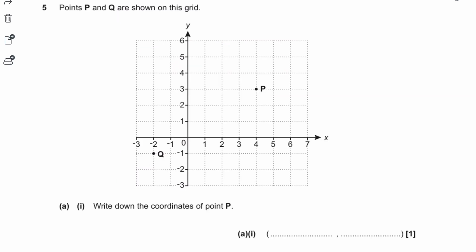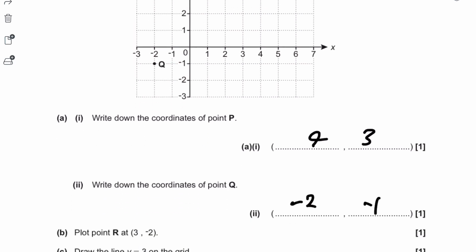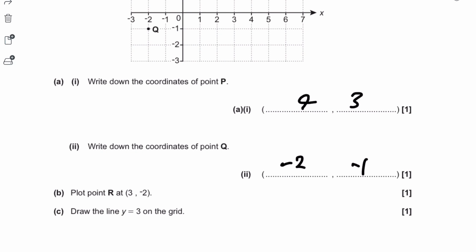Points P and Q are shown on the grid. Write down the coordinates of point P. That is just simply 4, 3. Write down the coordinates of point Q. That is -2, -1. Plot point R and draw line y equals 3.